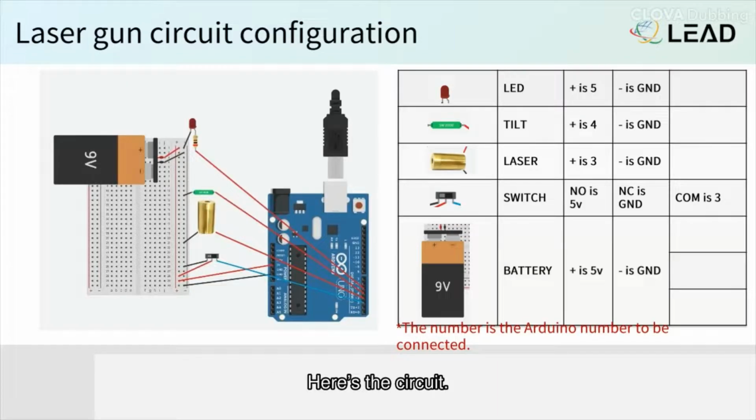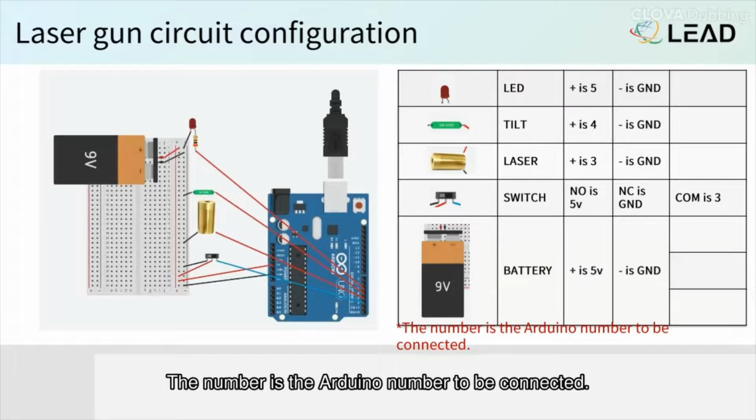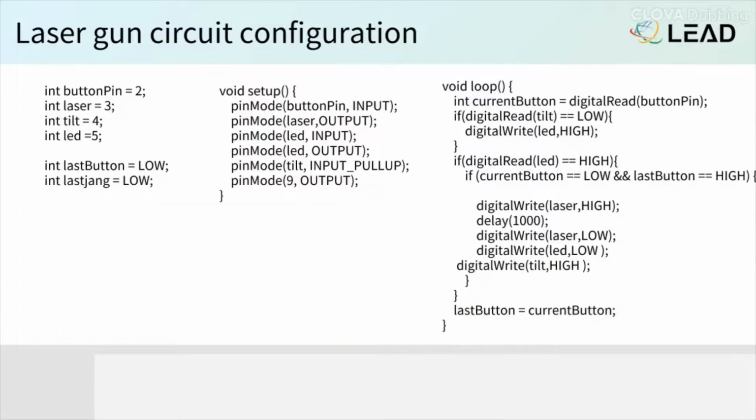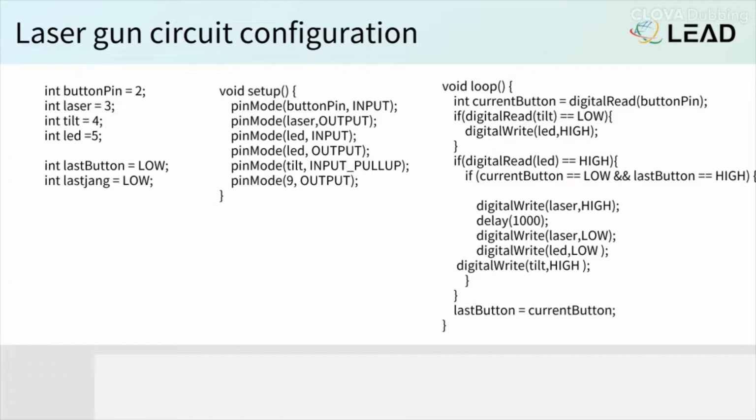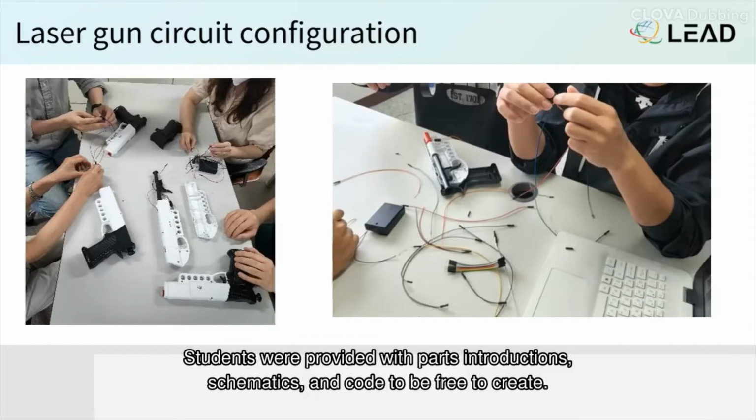Here's the circuit. The number is the Arduino number to be connected. Here's the code. It is divided into 3 parts: variable declaration, setup, and loop. Students were provided with parts introductions, schematics, and code to be free to create.